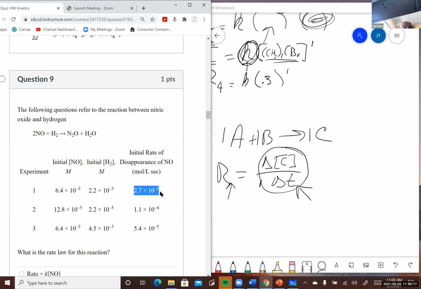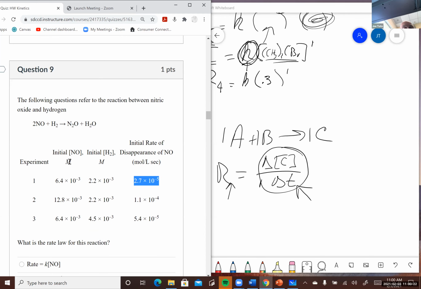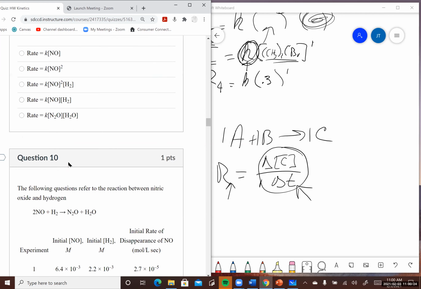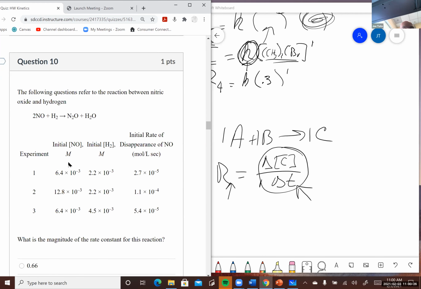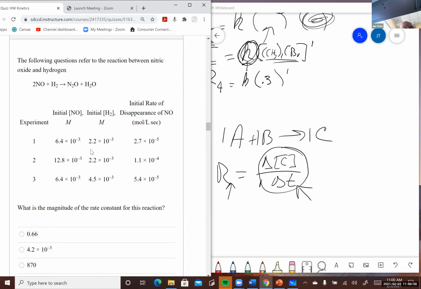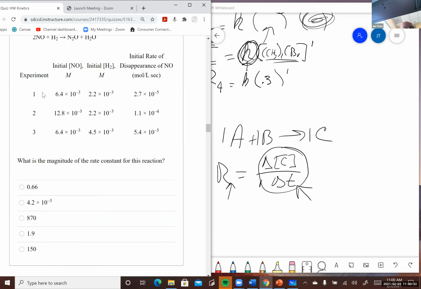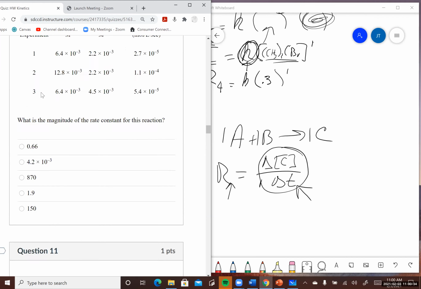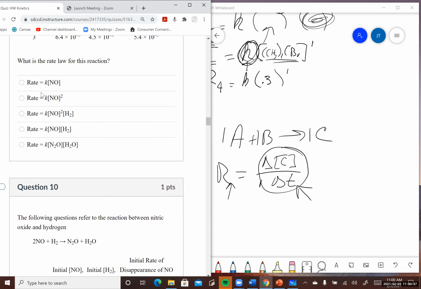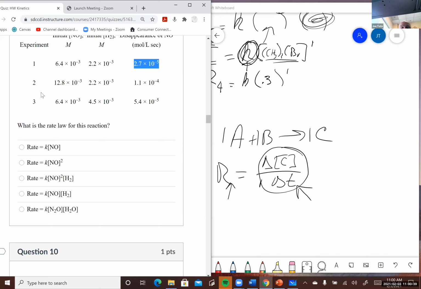This is the rate of disappearance of NO. So don't get tricked on that one either, guys. And so forth. They're going to keep asking you about the same reaction a couple times here. But I think you're in good shape now to go ahead and attack those homeworks.